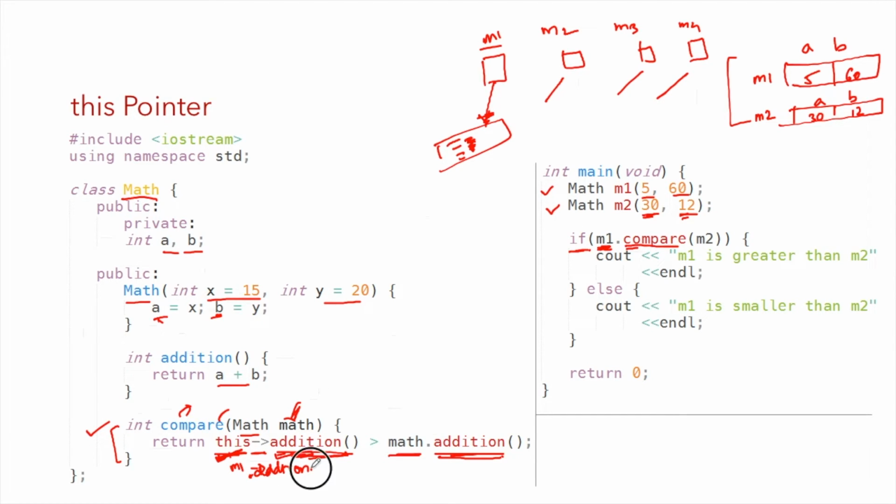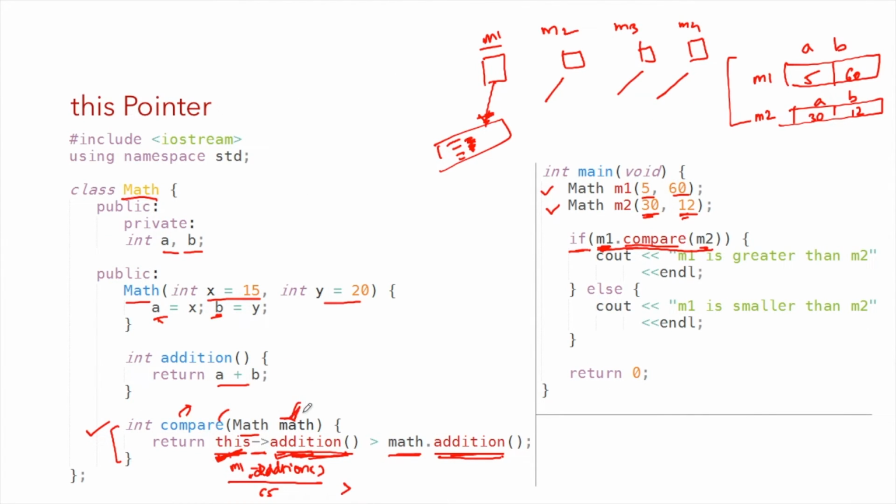So m1.addition is performed here, and this function call is going to return the addition of 5 and 60, that is 65, and 65 will be compared with the passed Math object.